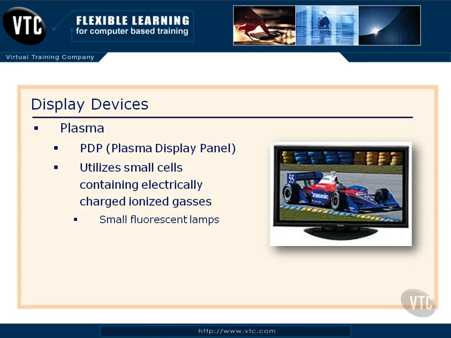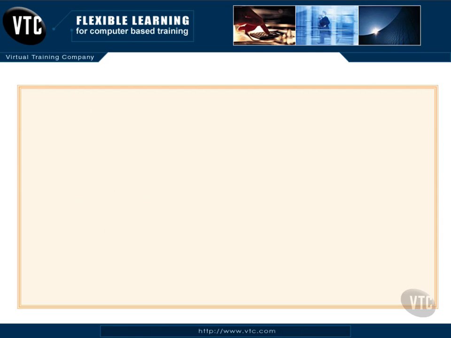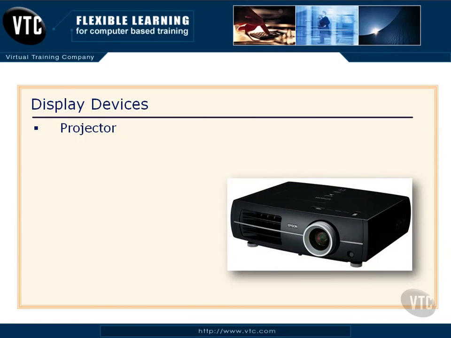They're also now some of the least expensive monitors out there. Early models experienced burn-in. They still get a bad rap for that, even though since about 2006, 2007, it doesn't happen anymore with plasmas, or at least not to the level it did. But the big disadvantage about plasma is they're the least efficient when it comes to power consumption. So just keep that in mind and watch for those kinds of situations on the exam.